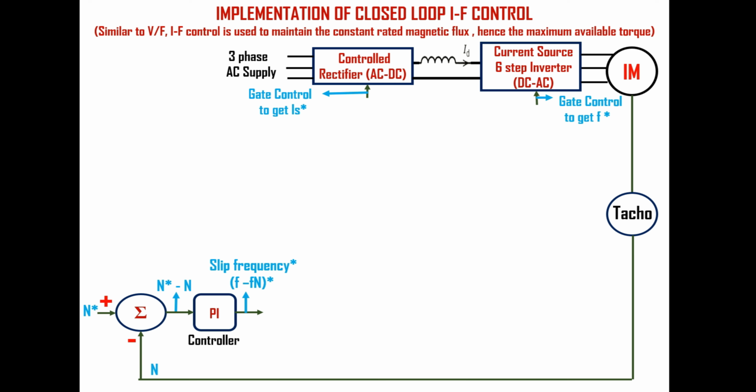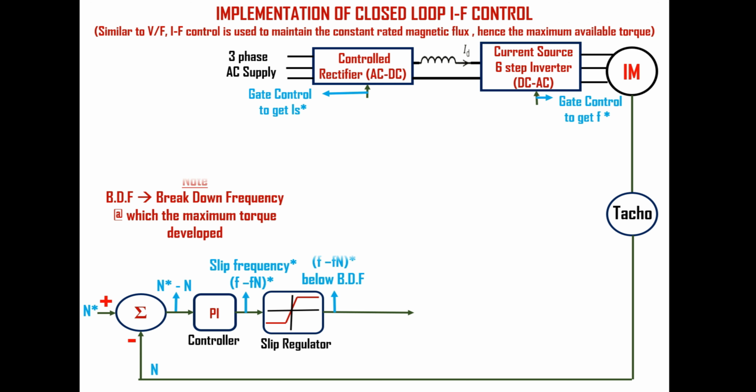Now, this slip frequency has to be regulated using a slip regulator. The slip regulator will restrict the slip frequency to not go above the breakdown frequency at which the maximum torque develops in the motor. So, the output slip frequency will always be equal to or below the breakdown frequency.